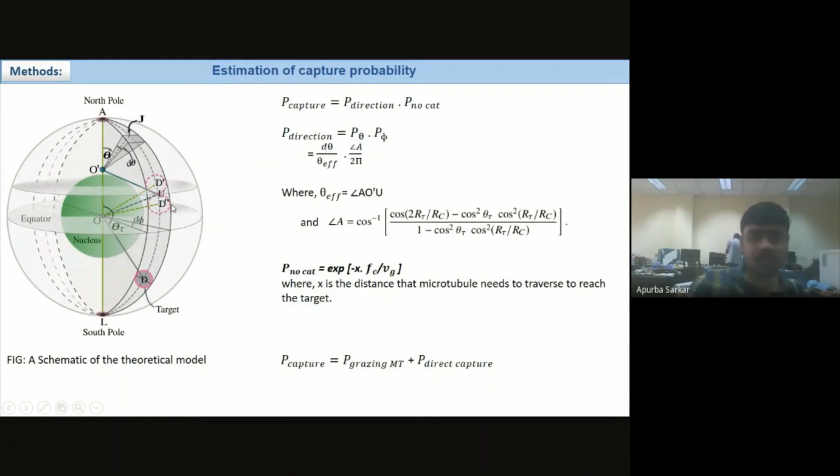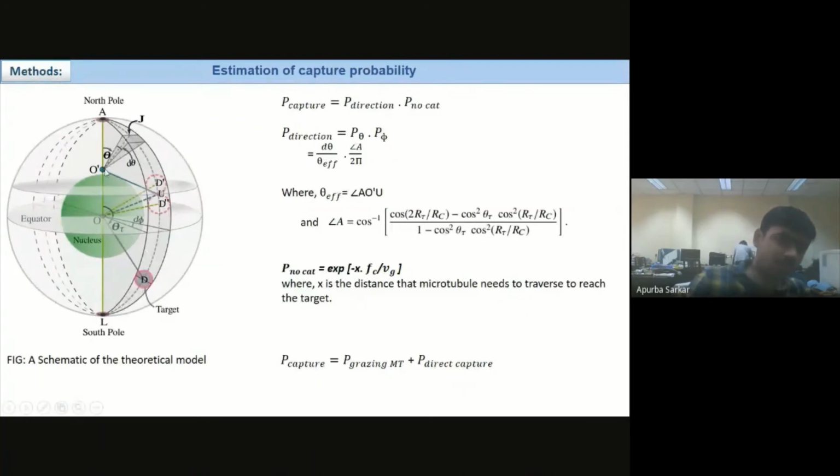The other is the P direct capture. Let's say the target is located here, then there is also a probability that the microtubule can capture the target directly. In such cases, we need to consider the P direct capture probability. But for this specific configuration of the target, the only way to capture the target is to graze along the cell surface. So in this case, P direct is 0.